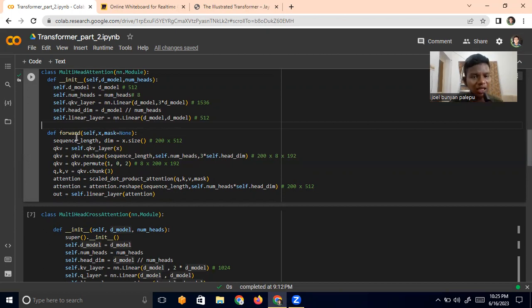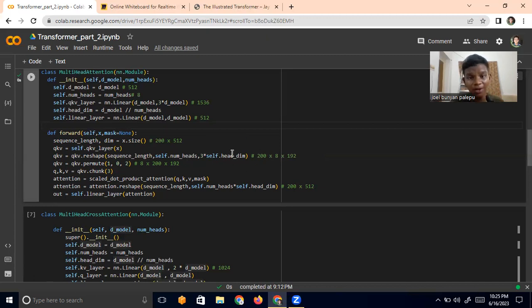So we are going to calculate the sequence length and the embedding dimensionality, right? And then we are going to calculate the QKV from this layer, and then we do reshaping. We'll reshape this into 200 by 8 by 192. 192 is nothing but the number of heads into head dimension, right?